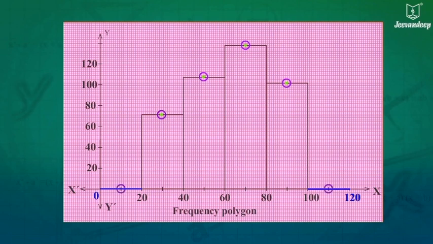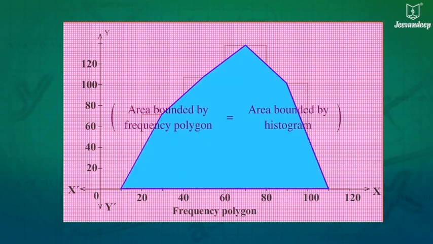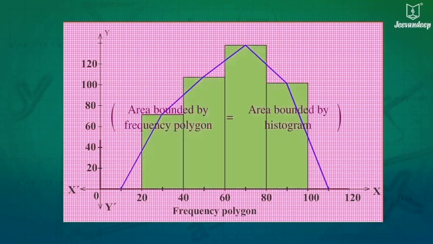Mark the midpoints of these two additional rectangles. Such marks will be on the x-axis, since the rectangle has height, that is, frequency 0. 5. Join the successive points by straight lines and get a closed figure. This is a frequency polygon. Area bounded by frequency polygon equals area bounded by histogram.